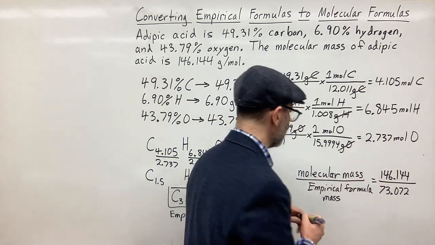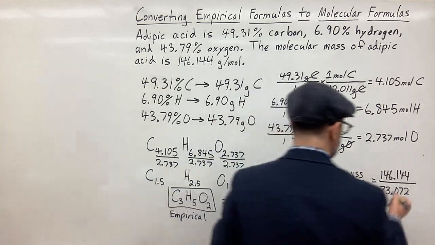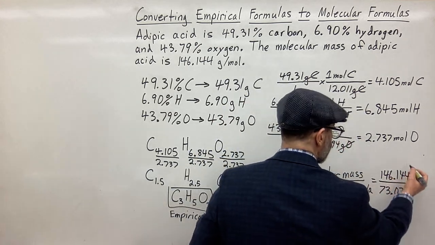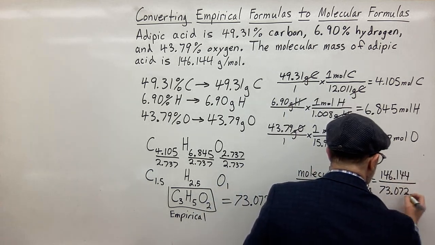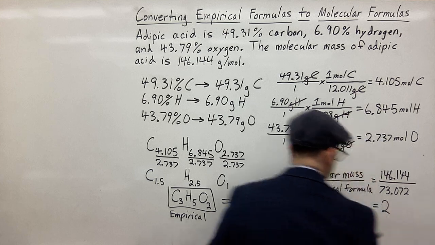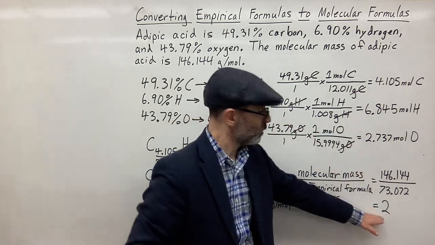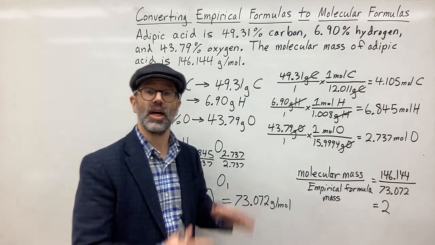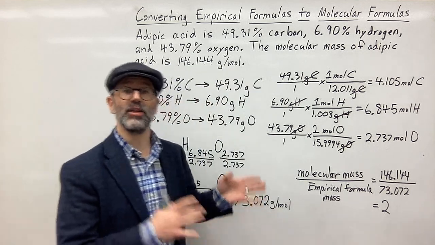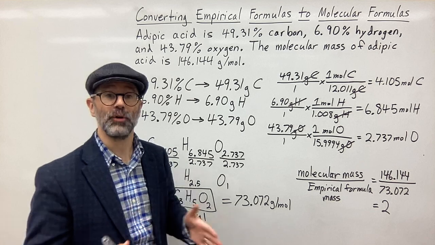So if we divide this, 146.144 over 73.072 is basically equal to 2. So that's the factor by which the empirical formula of adipic acid and the molecular formula of adipic acid differ.